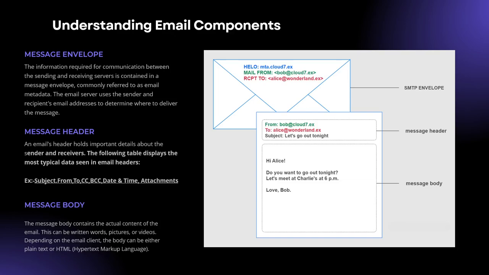The key elements of the message body are: greetings, where we can add hi, hey, or dear; then the introduction, a brief statement of your reasons for writing; then the main content, where you explain your message in detail; and then the closing and signature. Those are the things that make up the message body.